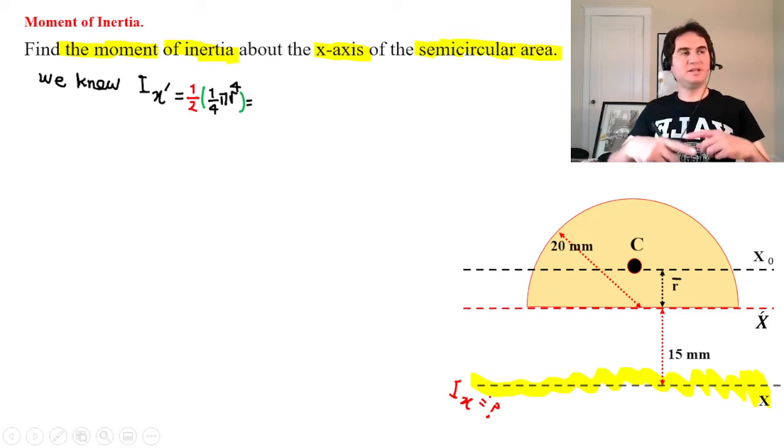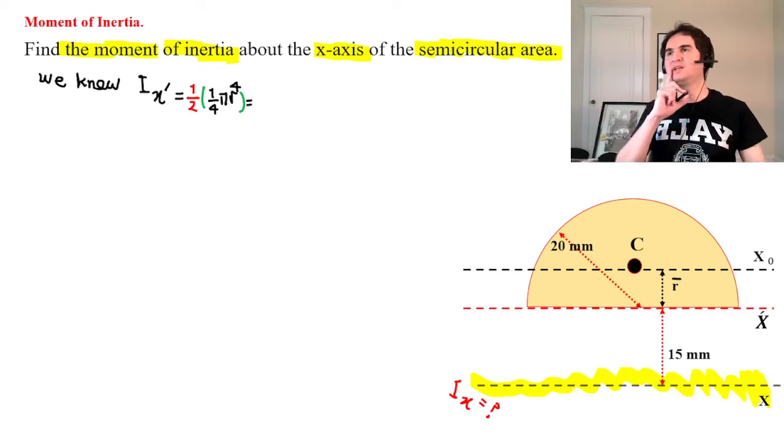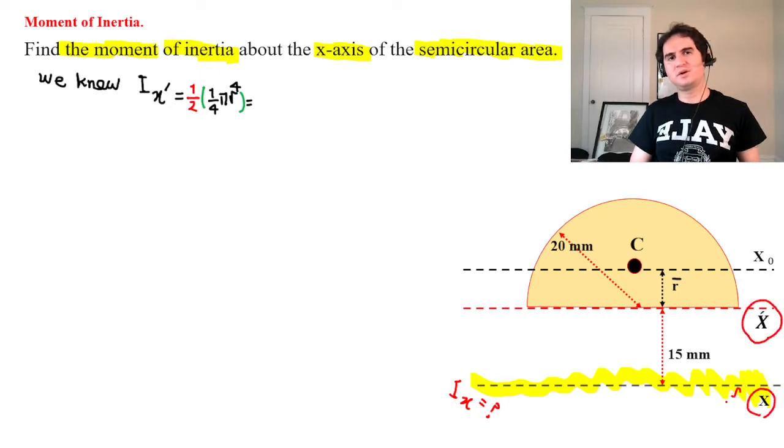So that's a very interesting process. Just follow me in this problem. So far we know Ix prime. So this is x prime. This is x, what we are looking for, and this is x naught, which is also called, for example, I centroid.